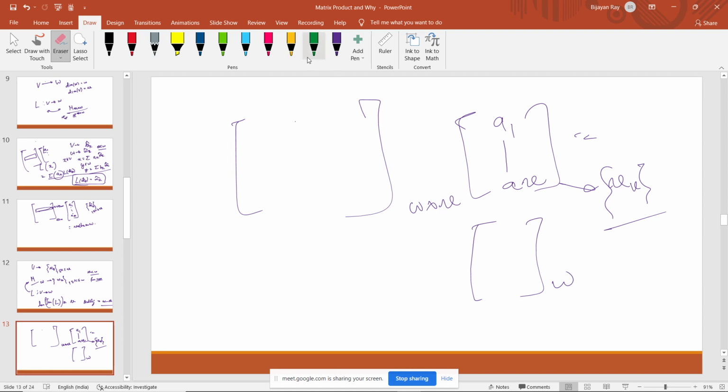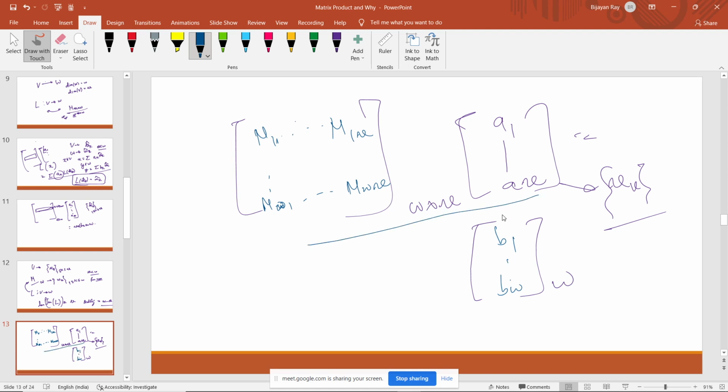So basically, this is m11, m1v dot mw1 dot mw, and this is supposed to be 1 dot pw. Now this matrix product is correct.